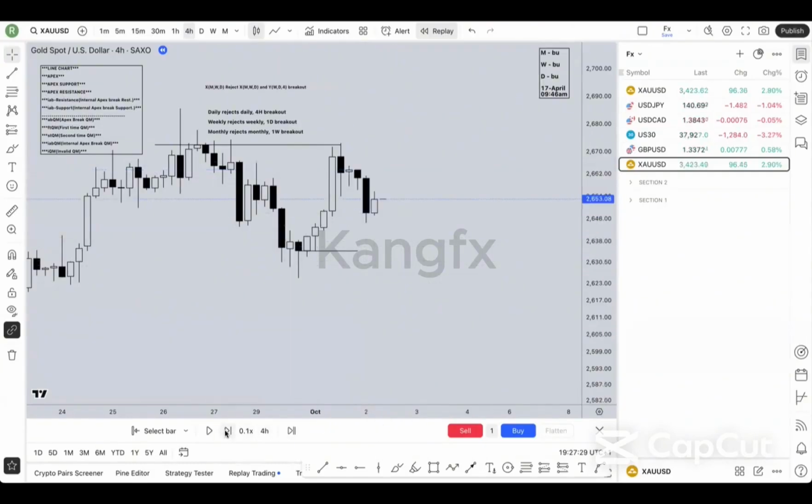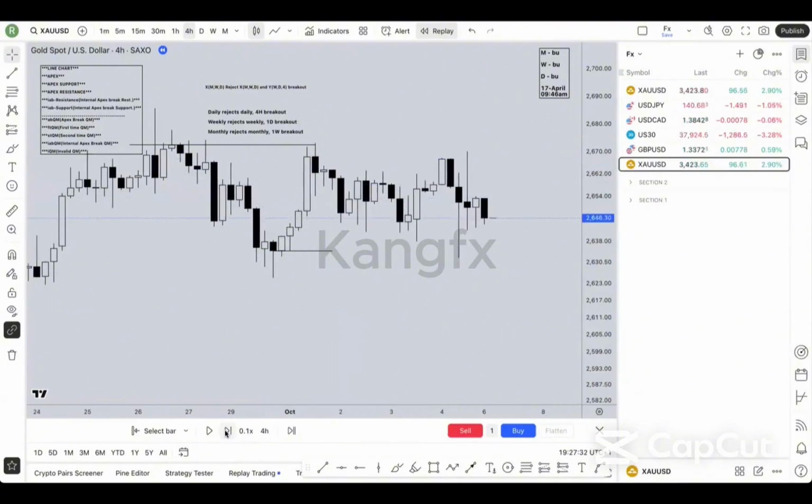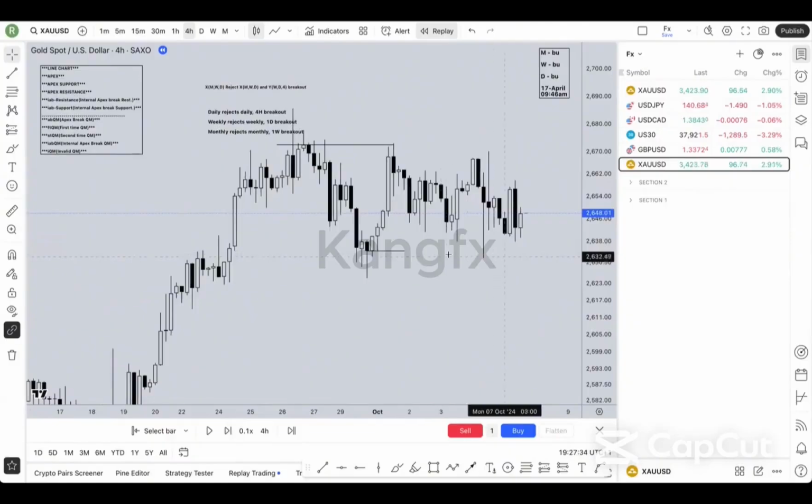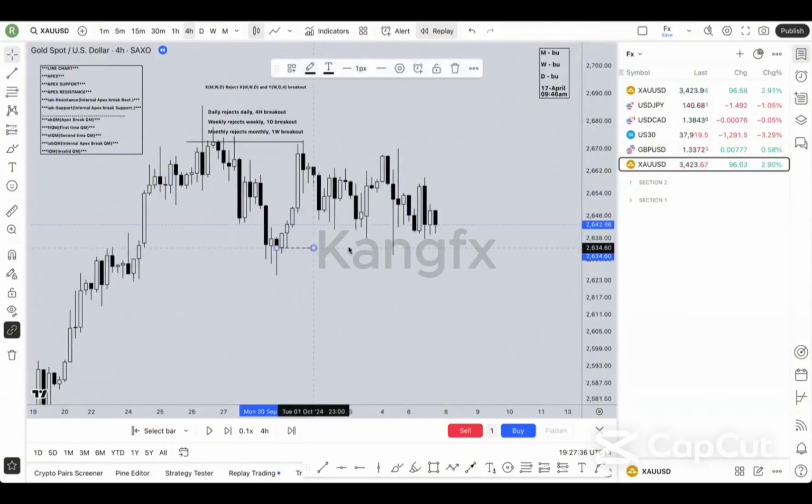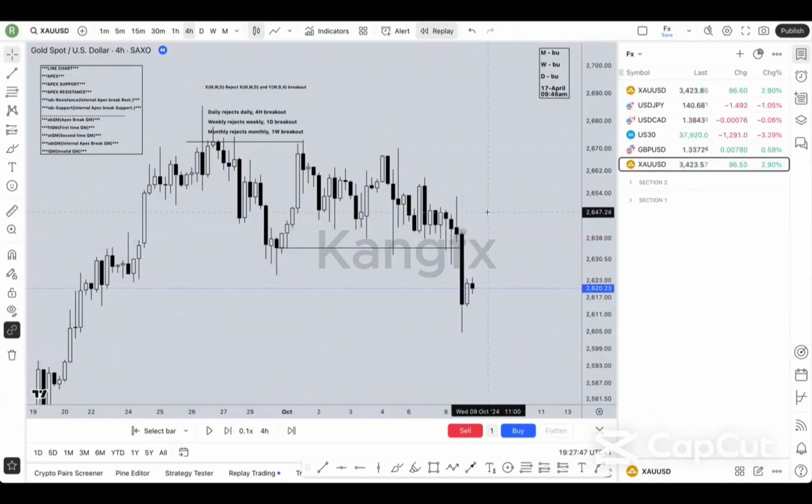So let's see. There was no breakout yet. Then finally there was a breakout. Now, when the breakouts are very strong: if daily reject daily today and there's a breakout today, that breakout is really strong.